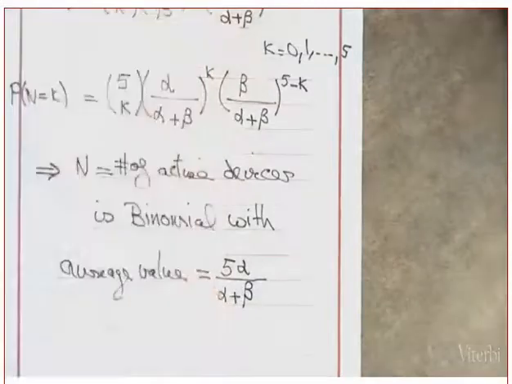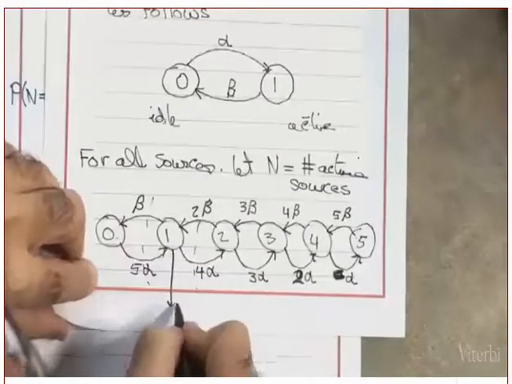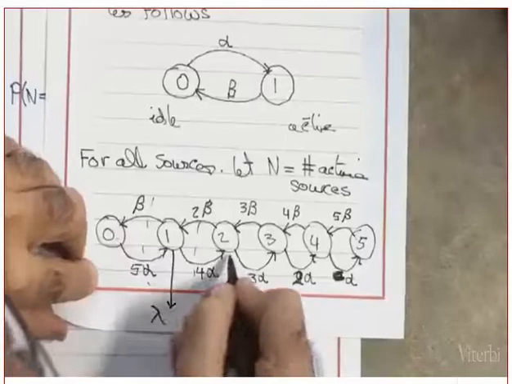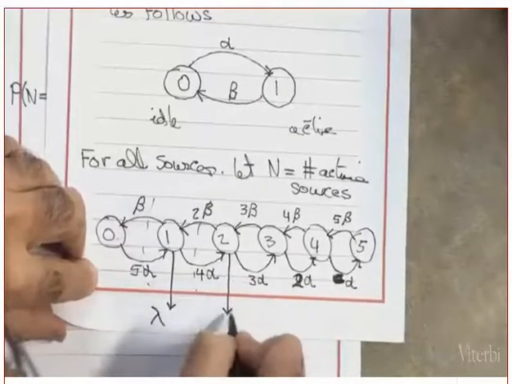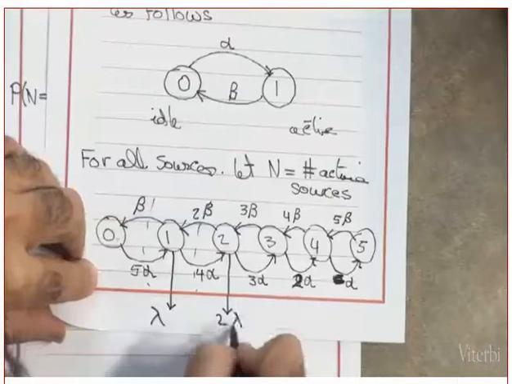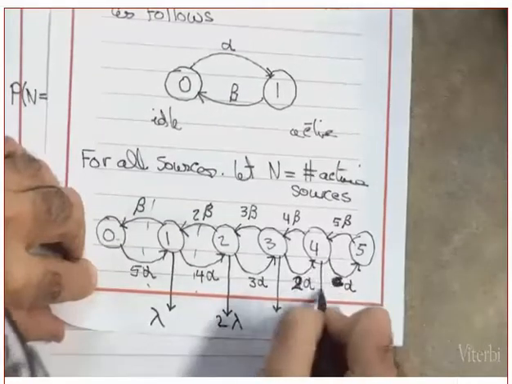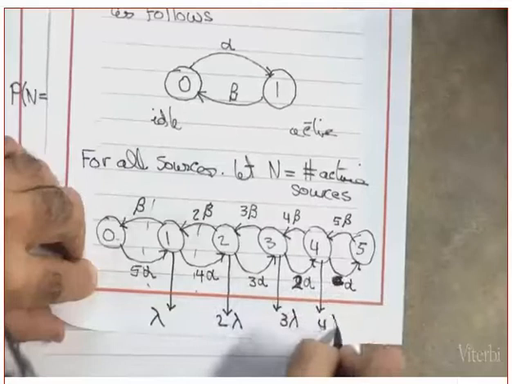Okay. Let's see if you can tell me here, first of all. Where is the lambda here? This is generated traffic, lambda. Here is 2 lambda. Here is 3 lambda. Here is 4 lambda.